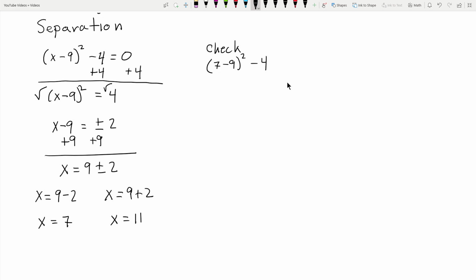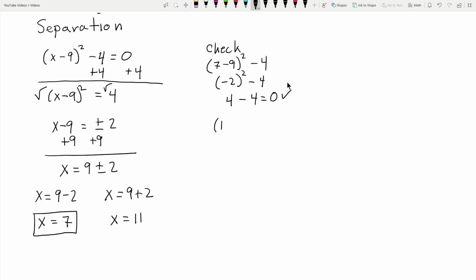All right, 7 minus 9 is -2. -2 squared is 4. And that does indeed equal 0. All right, so I know that x equals 7 is one solution.